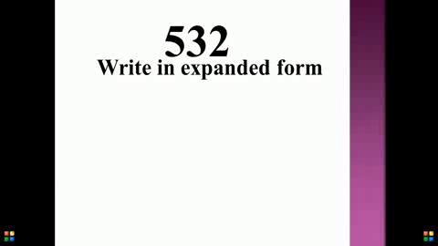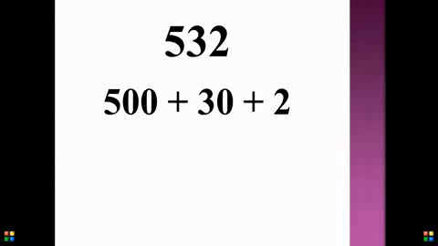We have 532 here. To write in expanded form, our 5 is 500, our 3 is 30, and our 2 is 2. If you remind yourself of what we learned last week on place values, 5 is 500, 3 is 30, and 2 is 2.